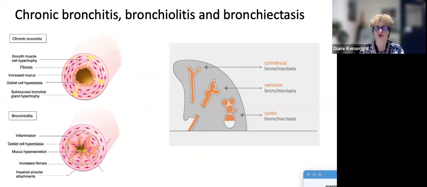All right, let's move on very briefly to chronic bronchitis, bronchiolitis, and bronchiectasis. So what's the difference between these? Chronic bronchitis is a chronic disease where you have smooth muscle hypertrophy and fibrosis in the wall of the bronchi along with increased mucus. That's due to goblet cells and increased bronchial glands.